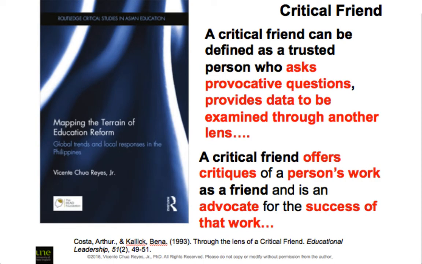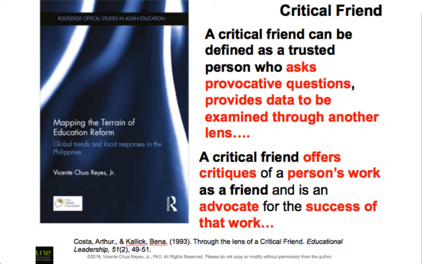As a critical friend, I am adopting Arthur Costa and Bena Kallick's definition. A critical friend is someone who asks provocative questions, provides data to be examined through another person's lens. A critical friend offers critiques of your work. And as a friend, the critical friend is an advocate for the success of that work.